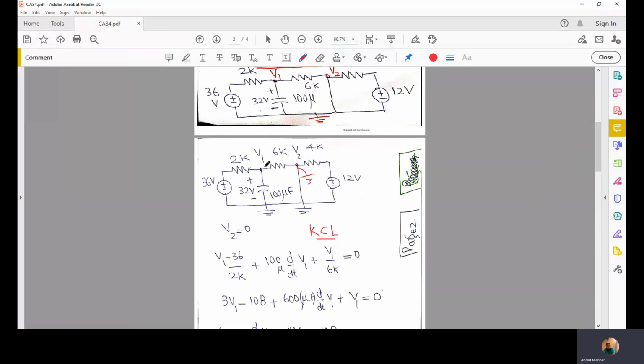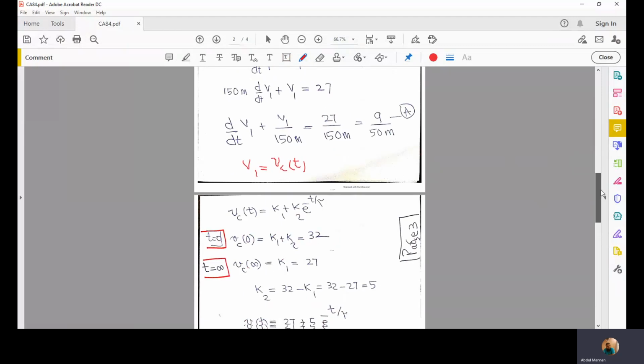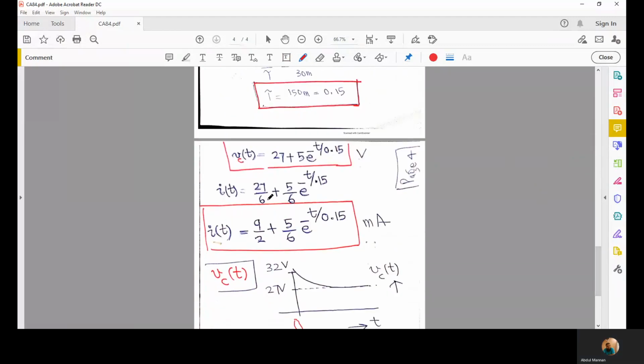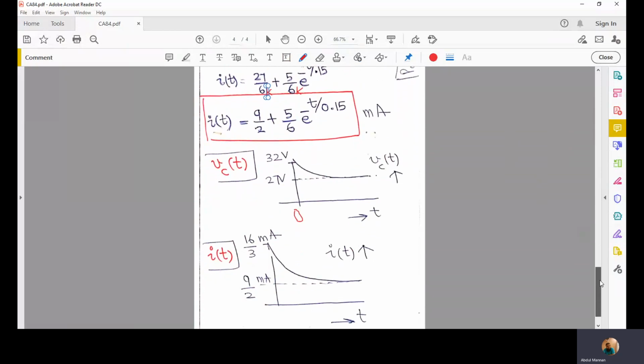So the current would be V1 minus 0 divided by 6K, or V1 over 6K, or V sub C of t over 6K. So this is 6 kilo ohms. This kilo, once taken to the numerator, becomes milli. So this is the expression for I of t.